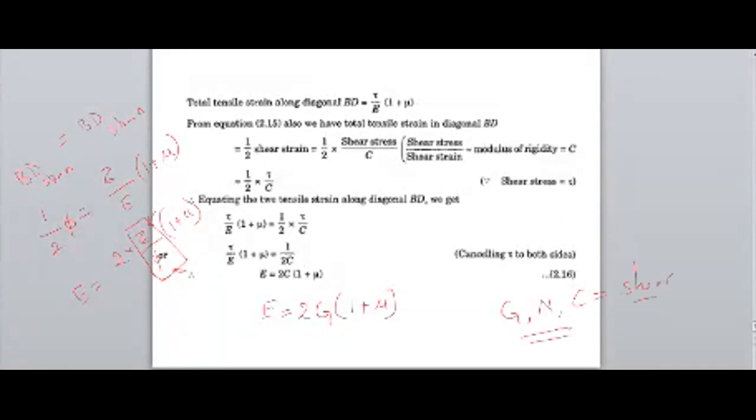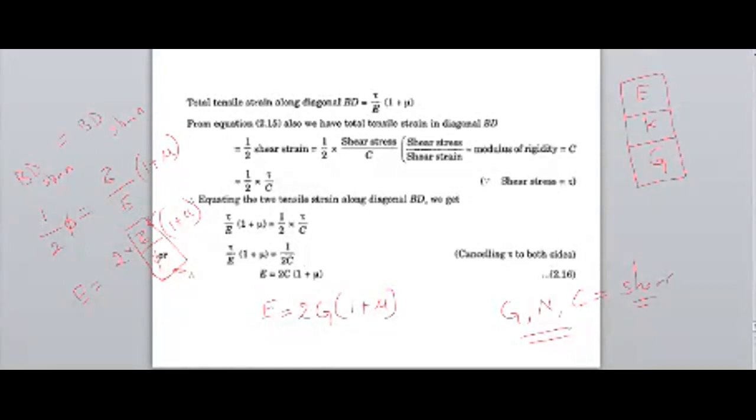So we have three moduli: first, Young's modulus; second, the bulk modulus; third, the shear modulus. These three moduli we call elastic constants.